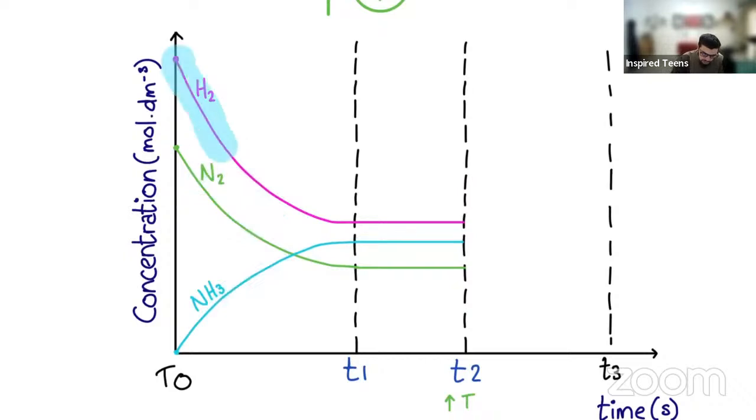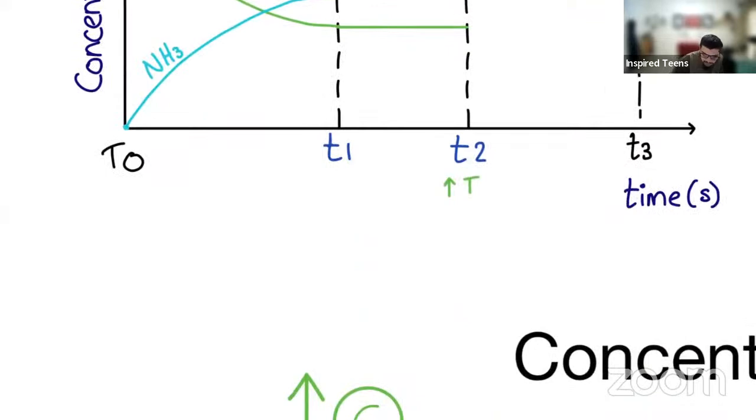Remember, we start off with a certain amount of reactants and no products, until we form a certain amount of products and chemical equilibrium is established. So at all the T1s, chemical equilibrium is established, and I'm going to write it only for the first one.